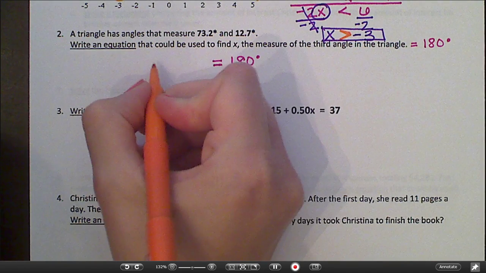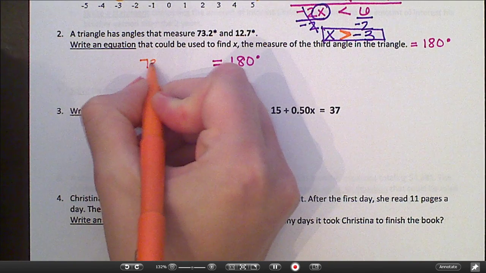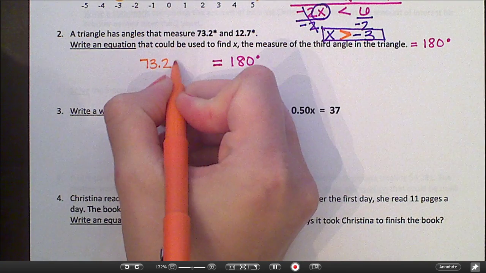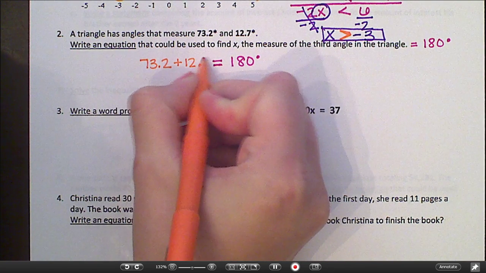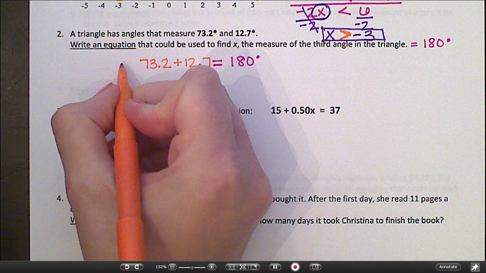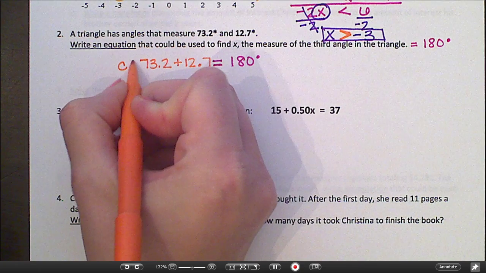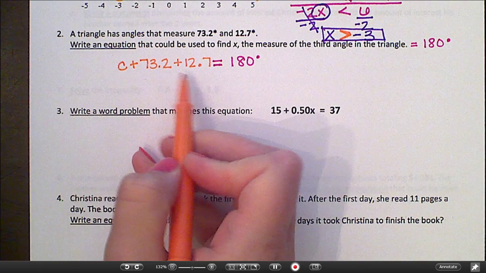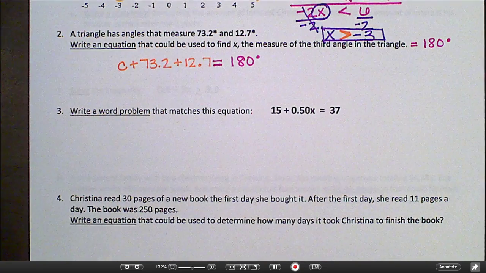And then I have two of my angles, 73.2 plus 12.7. And then I'm just going to use C for the third angle. So whatever that angle is, plus the other two angles, has to add up to 180 degrees.